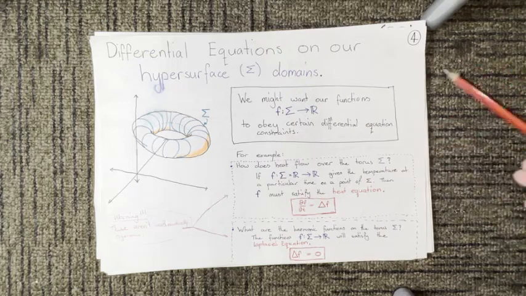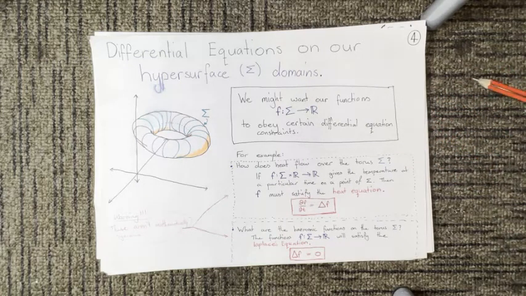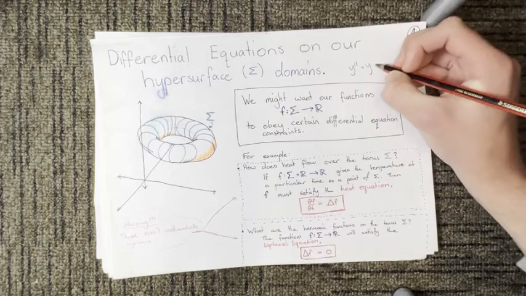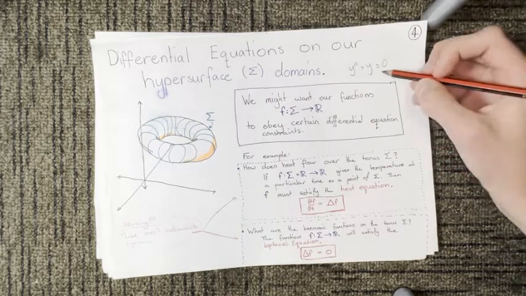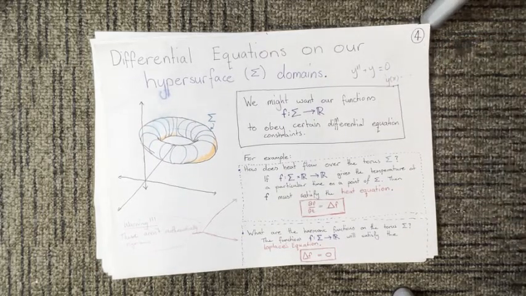Okay, so you can see how functions were previously defined on these hypersurfaces, but now we're going to take a step further and talk about differential equations on these hypersurfaces. Normally when you solve a differential equation like y prime prime plus y equals 0, you end up getting a function y that takes a parameter x and you get some output.